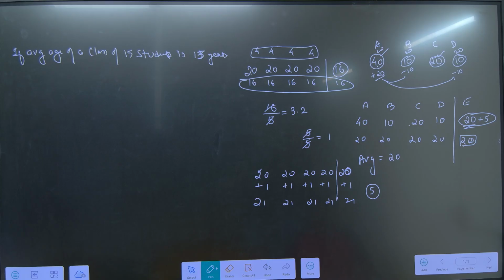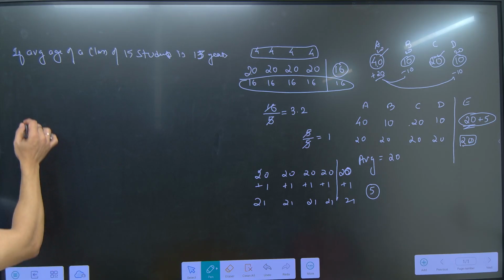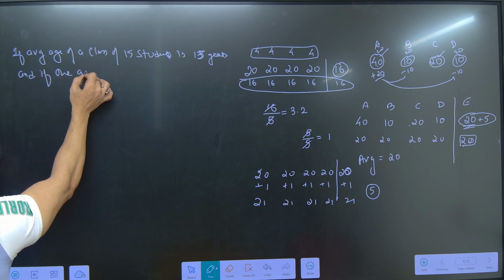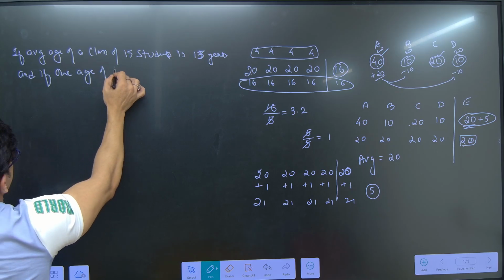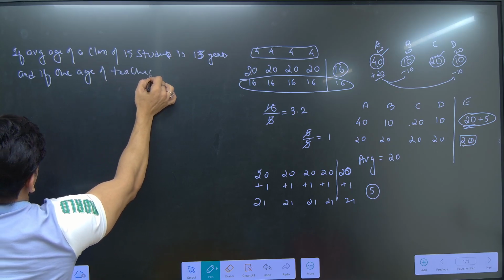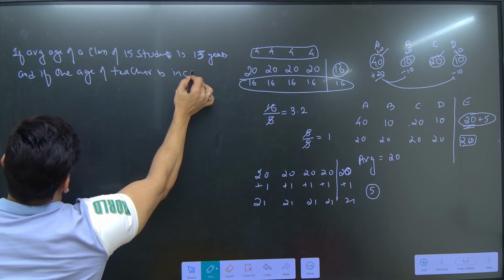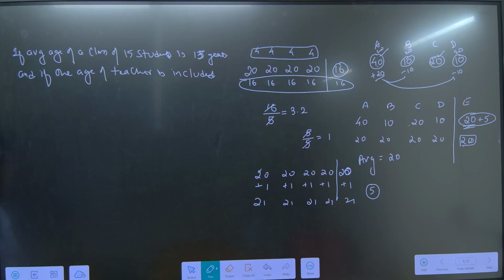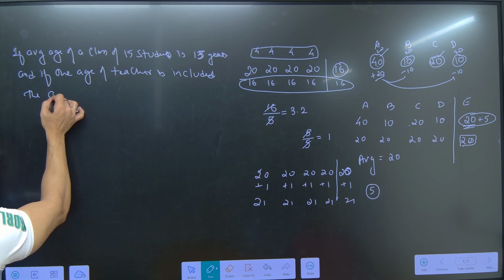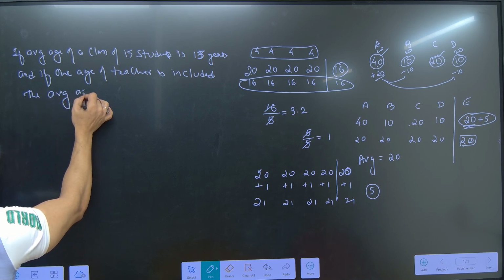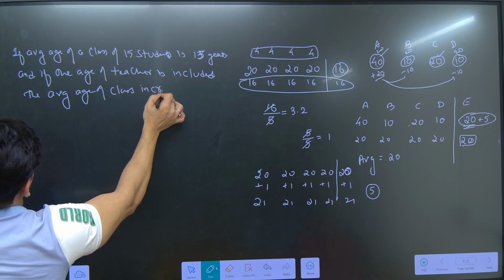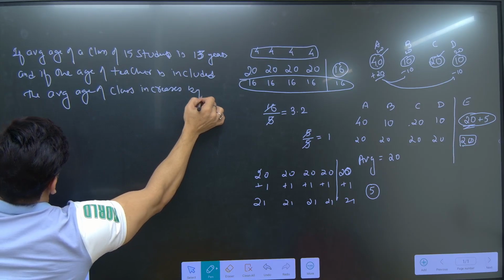If the average age of a class of 15 students is 13 years, and if the age of the teacher is included, the average age of the class increases by 2 years.